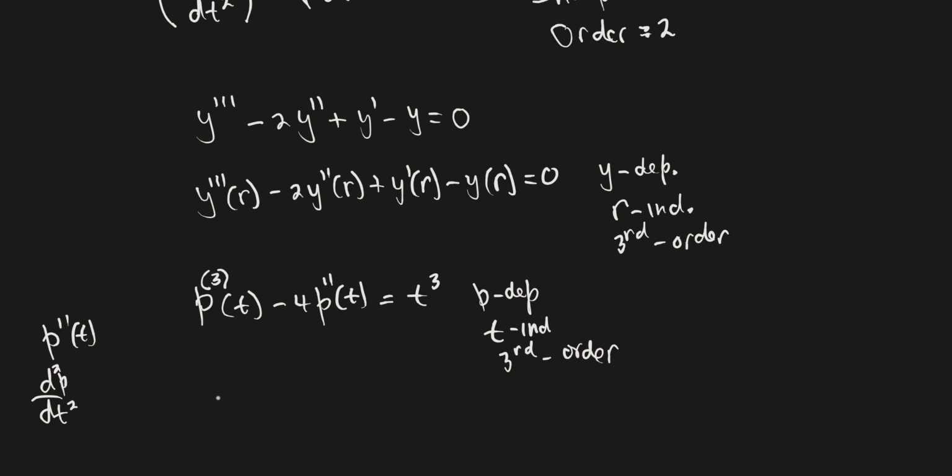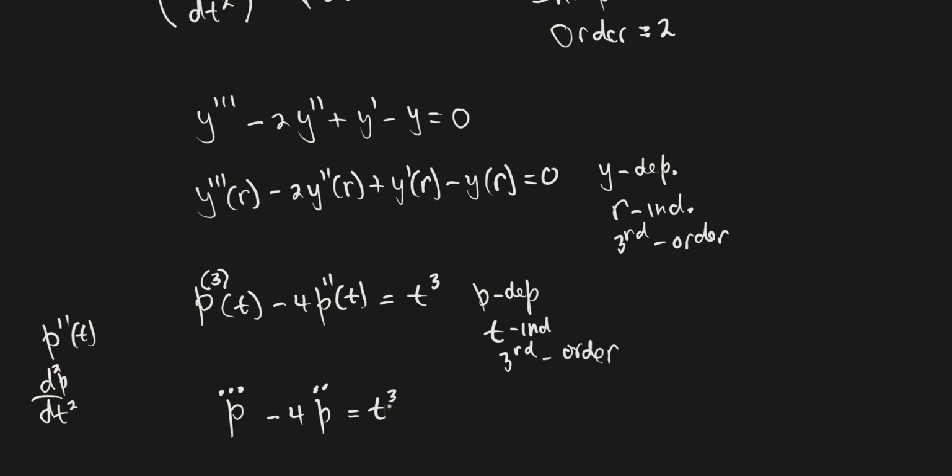This third derivative can be denoted as a p with 3 little dots on top of it. Sometimes it's even called fly speck notation. I have no idea why. And then this equation is saying the exact same thing here, right?